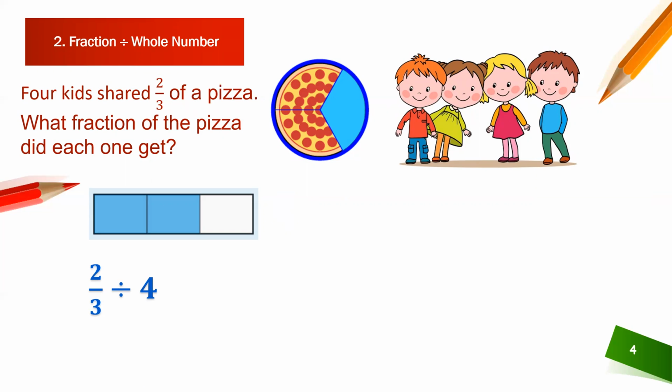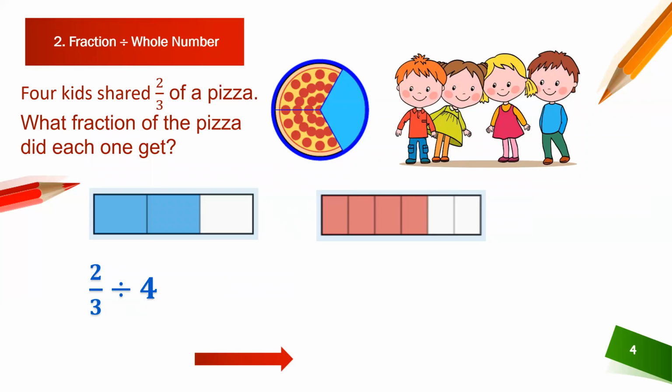Well, how do we do that when we only have 2 pieces at hand to split into 4 equal parts? Let's take a look at 2/3, but using smaller parts. I'm going to split each one of those blue bars into 2 bars. Now, 2/3 is the same as 4/6. So 2/3 divided by 4 is the same as 4/6 divided by 4, right?